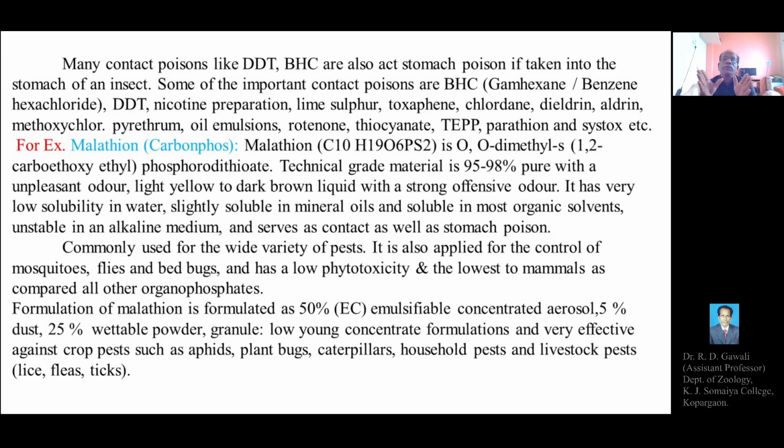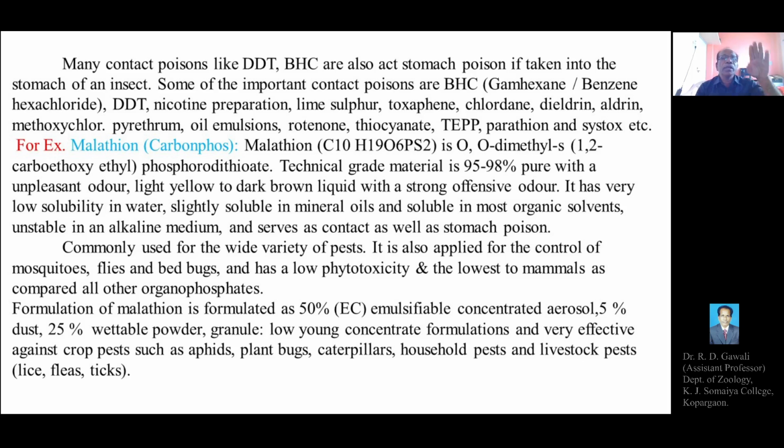So the malathion formulation may be 50% effective concentration, 5% dust, 25% wettable powder, or granules, used for effective control of various crop pests, household pests, and veterinary or animal pests such as lice, fleas, and ticks.